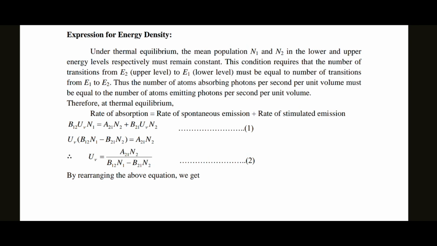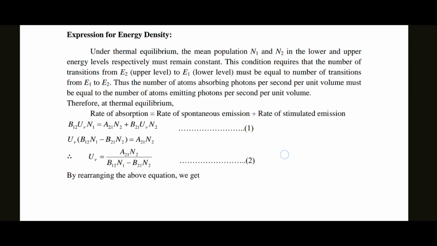Therefore, at thermal equilibrium, the rate of absorption is equal to the rate of spontaneous emission plus the rate of stimulated emission: B12 U nu N1 is equal to A21 N2 plus B21 U nu N2.